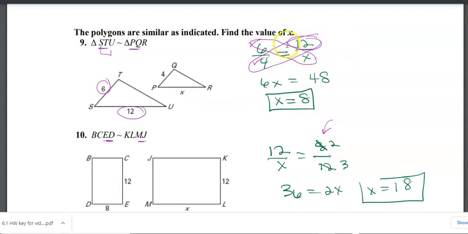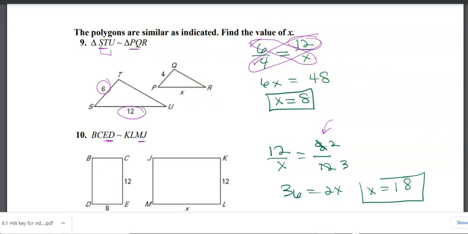So here's our cross products. You can get the missing side by saying 6 times x equals 4 times 12, which is 48. Divide both sides by 6, and you get x equals 8. And that's how you find a missing side using your cross products.